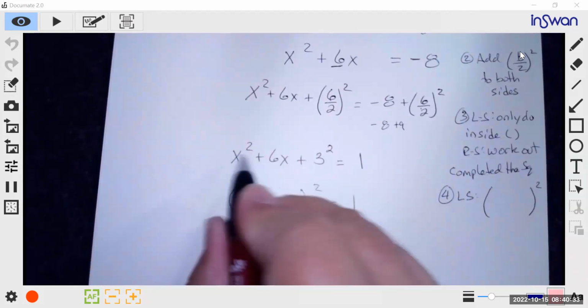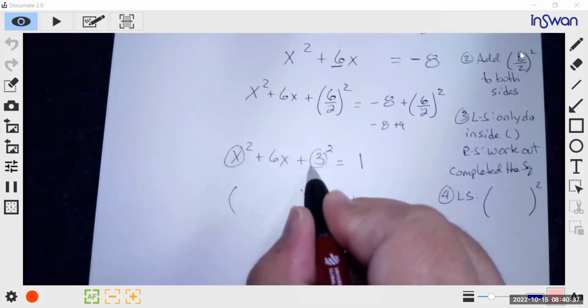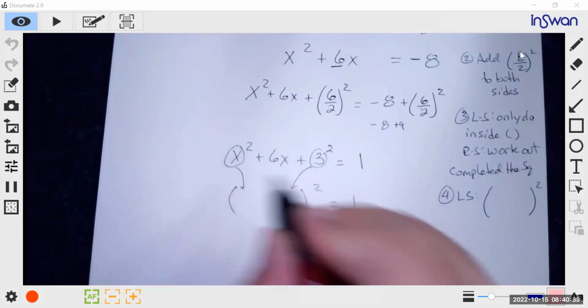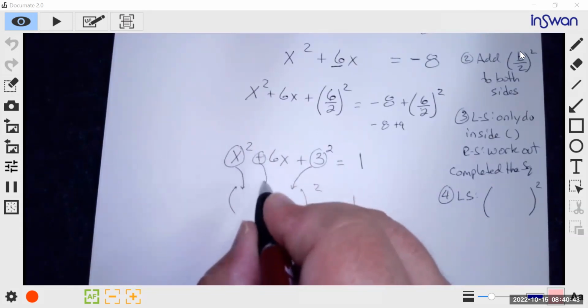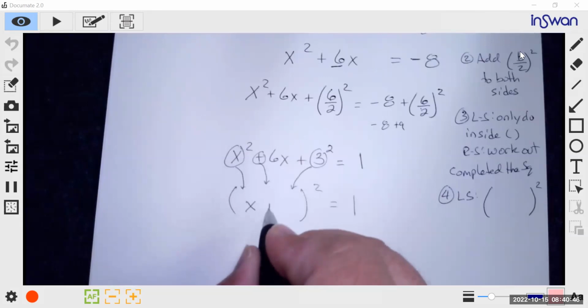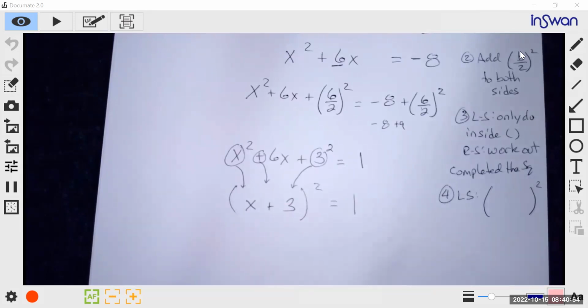The reason we didn't square these numbers is whatever's under the squared goes inside here, because that's squared. And the first sign. So we have x plus 3. So it's whatever's under the squared and the first sign goes inside there.